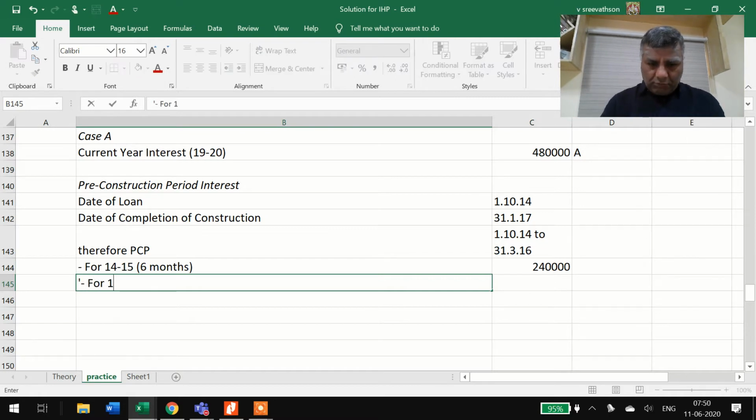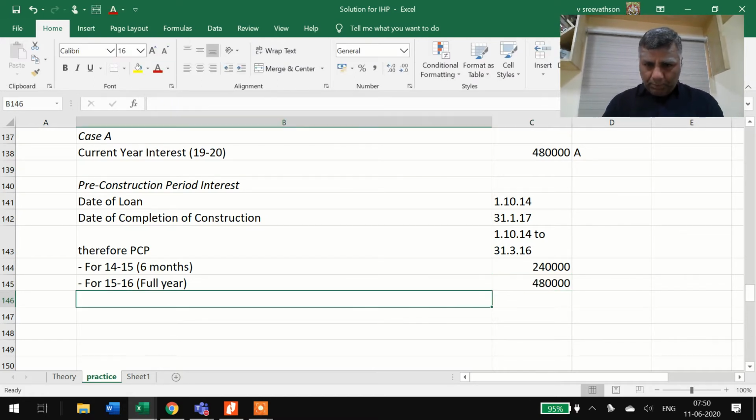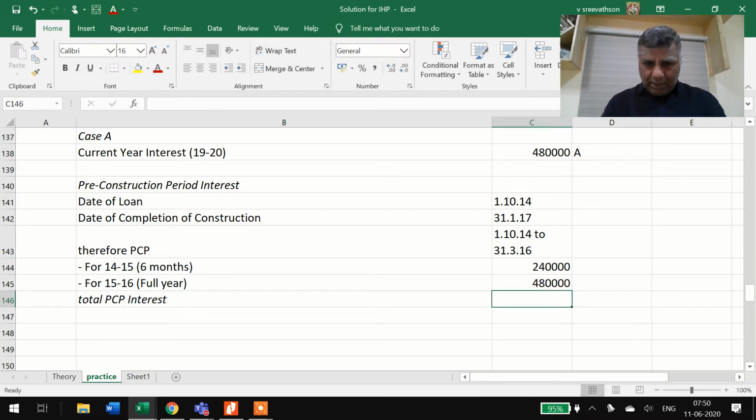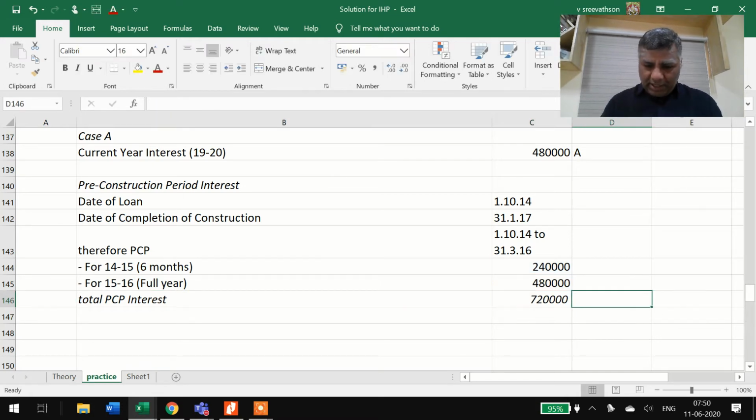For 1516, it is a full year: 40 lakhs into 12%, 4,80,000. Total PCP interest is 7,20,000. Let us keep it as B.